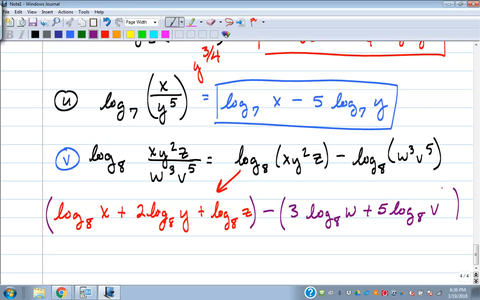This would be one way of doing that. You could distribute the minus sign to both of those and have minus 3 log w minus 5 log v. It'd be the same thing. This is correct. Distributing that minus sign to where it's minus 3 log 8 w minus 5 log 8 v is equivalent.